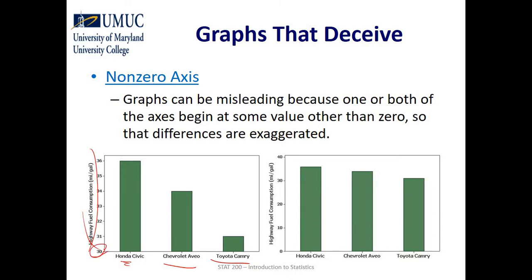Well, that's because it starts at 30. So the difference between here and here is only 2 miles per gallon, right? And the difference between here and here is 3. So when you actually go from a 0 scale, the difference is not that big. So if you look at this graph over here, the difference is not as pronounced as it is when you look over at the graph on the left.